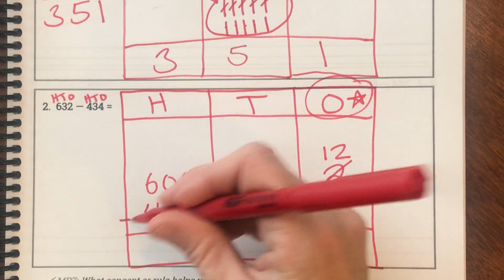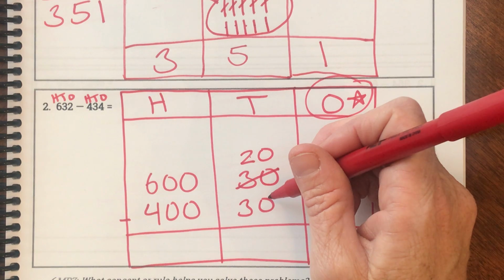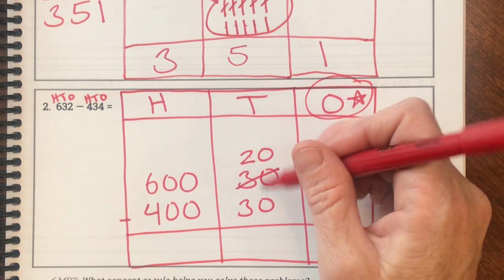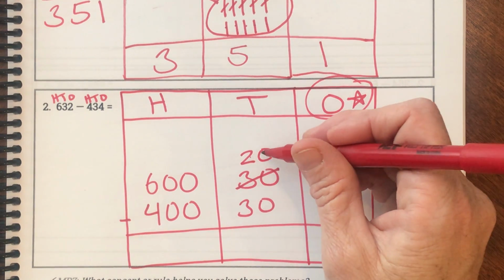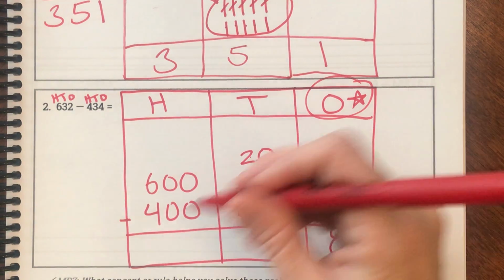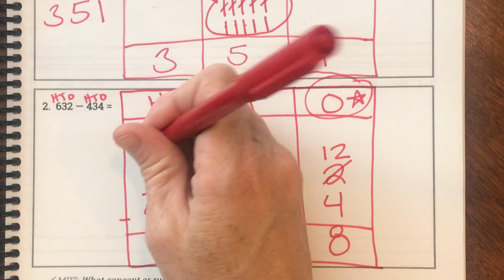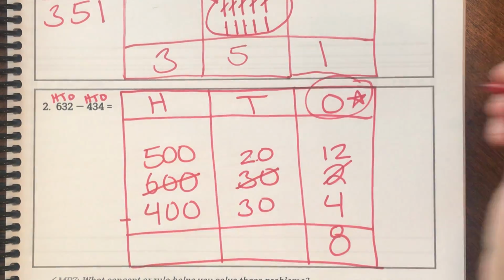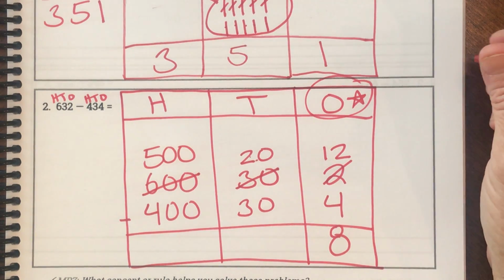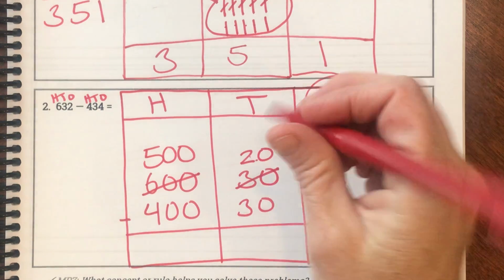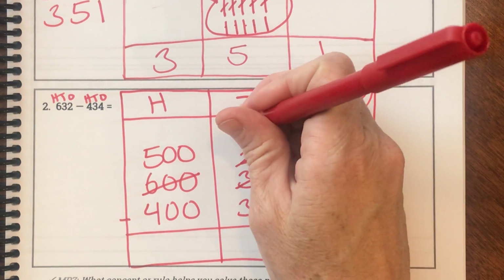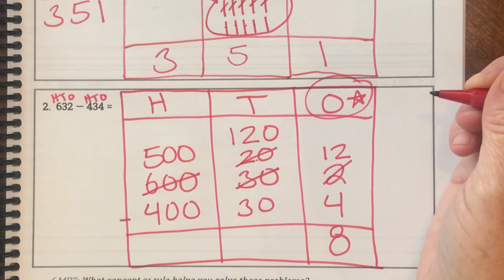Now I have 20, take away 30. Ooh, that's not possible though. It would have been possible had I not regrouped already, but if I have 20 or 2 tens, I can't take away 3 tens. So I need to take 100 away, which leaves me with 5 hundreds, or 500. And I'm going to add that 100 over here. So instead of 20, I'm going to have 120.